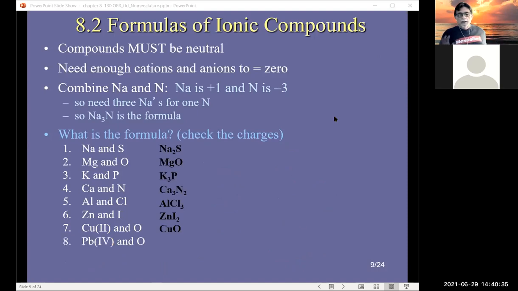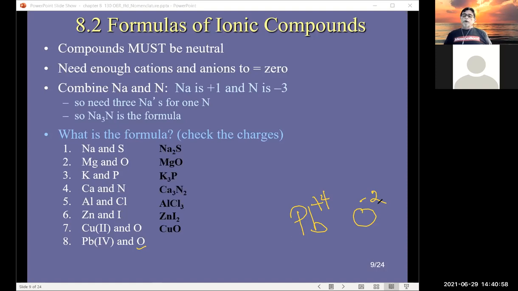Oh, here we go again. We have lead, Pb, Roman numeral IV, which is 4. So therefore we are working with lead with a +4 charge. And we know that the oxygen is a -2 charge.